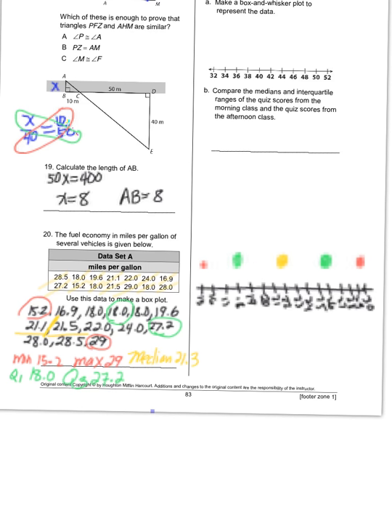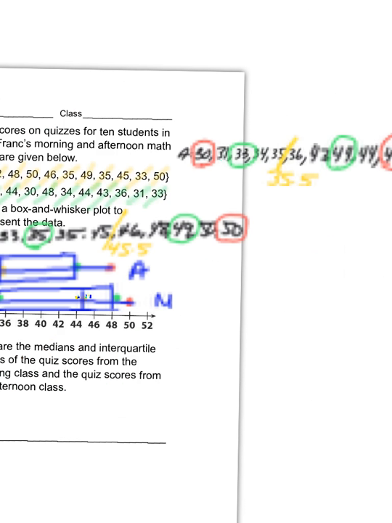Now I'm ready to make my line all the way across. And I need to make a box around the middle numbers with the line through the median. That's my box plot.